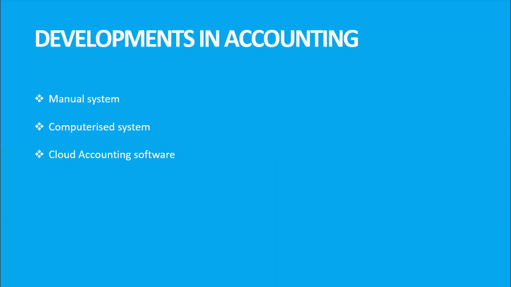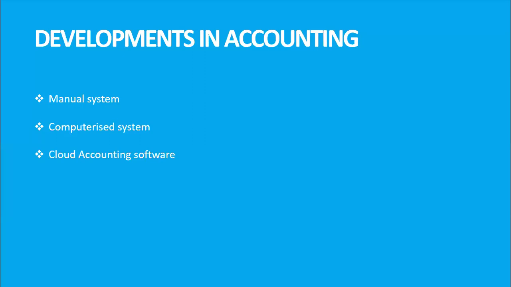And then we have the cloud accounting systems. So with the cloud, you buy the right to use the software, which is on the provider's hardware and then transmitted via internet. So this concept is known as SaaS, that is software as a service. So an example of the cloud system is XERO. These systems allow multiple users and collaboration.